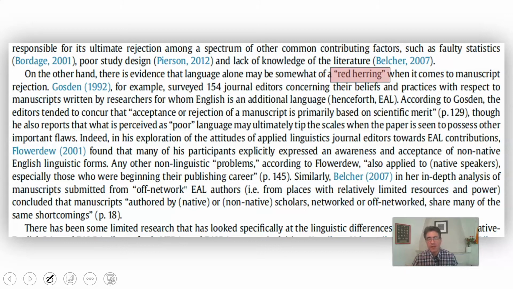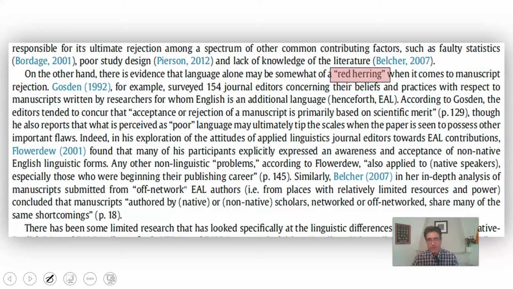A red herring is when there is a confounding factor in an argument, for example, when in fact there are more important issues that one should be paying attention to. And so in this very first sentence, on the other hand, there is evidence that language alone may be somewhat of a red herring when it comes to manuscript rejection.